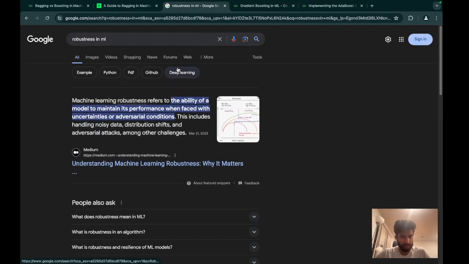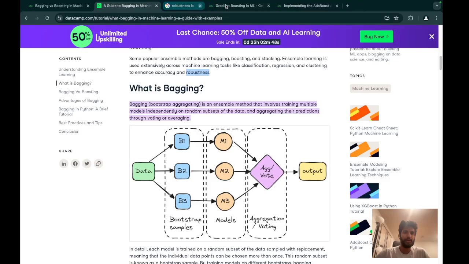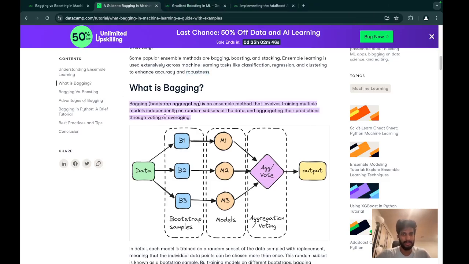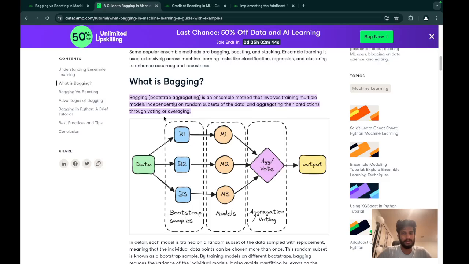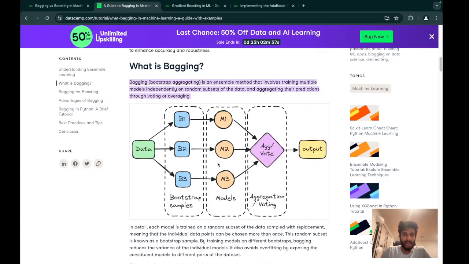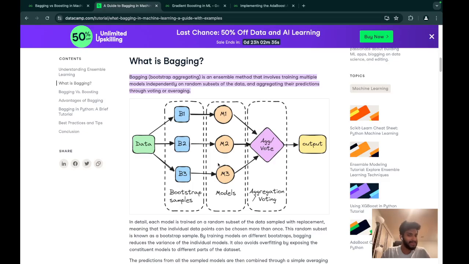Yeah, I guess when the data distribution changes, we still need to have a model that is stable. So that's robust. But I don't understand how a model is actually robust if the data source is changing.